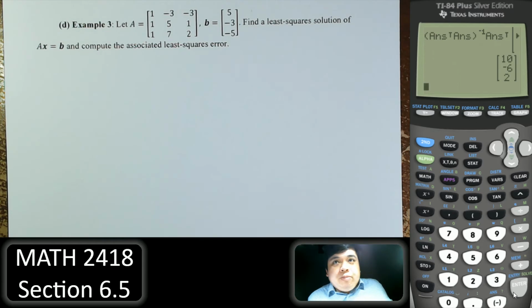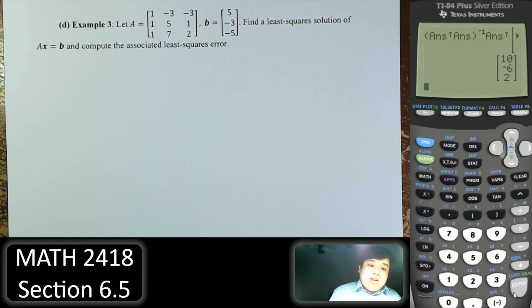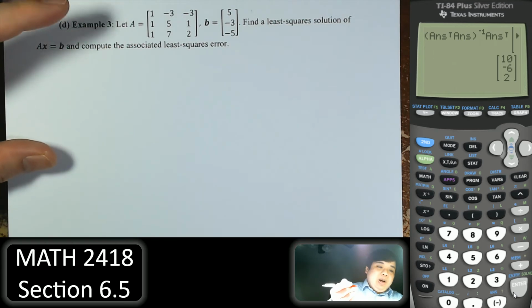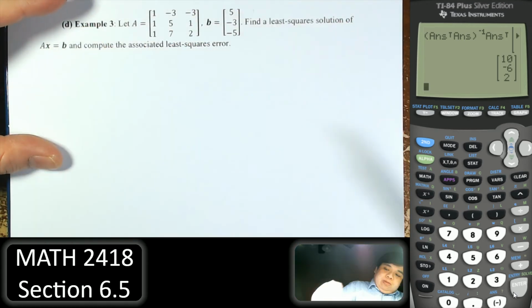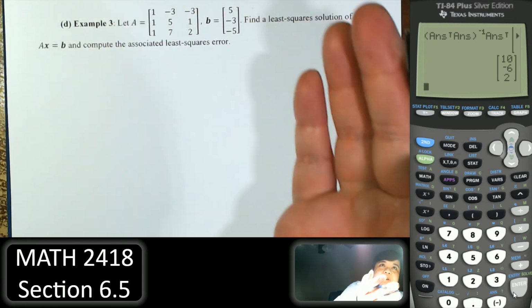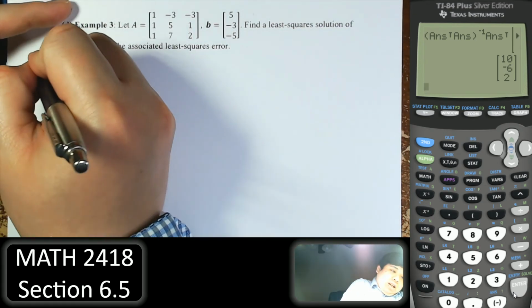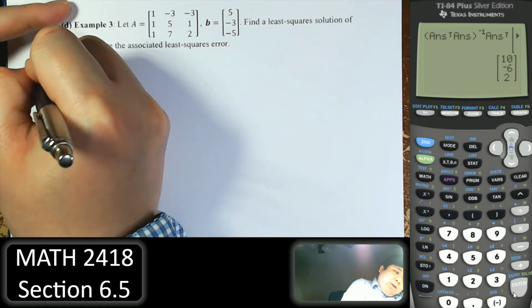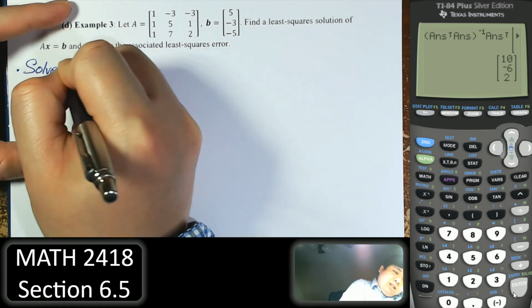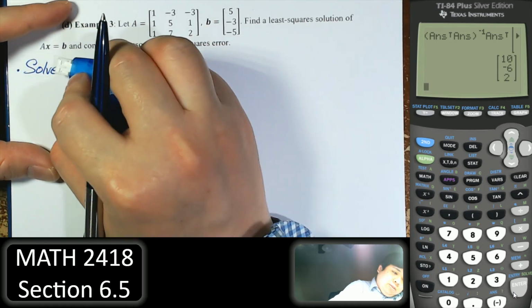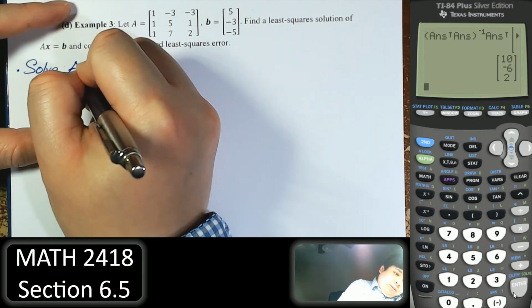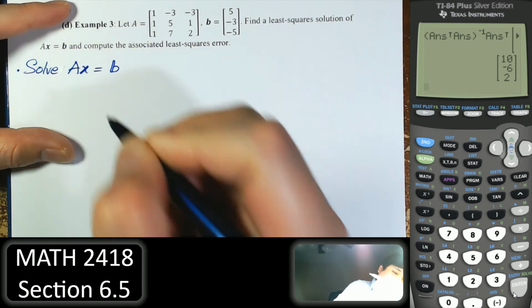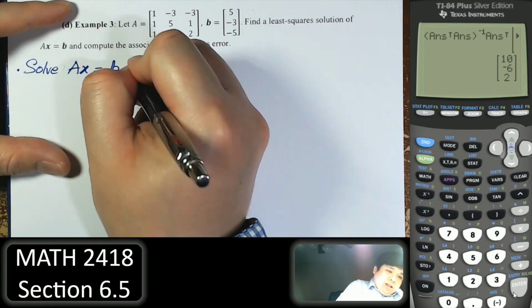So the normal equation in this case is not necessary, but nevertheless, we just do that anyway. So let's just solve the equation in a normal way. First of all, let's solve that directly.